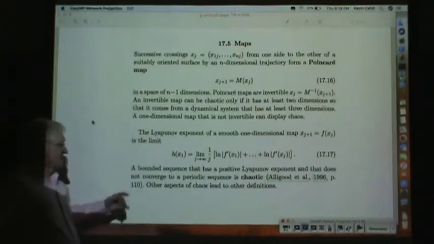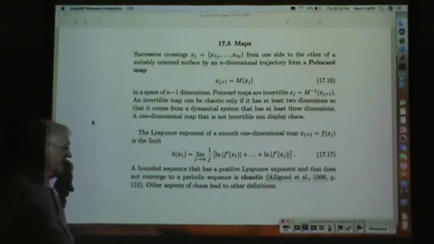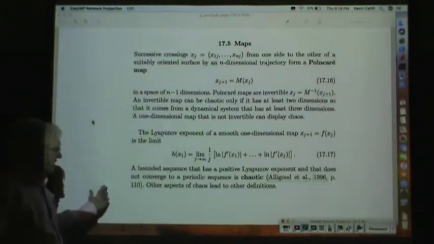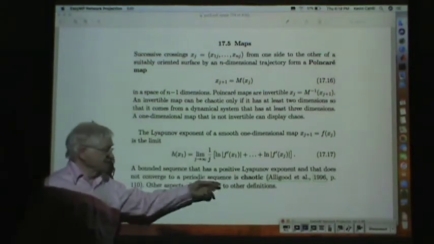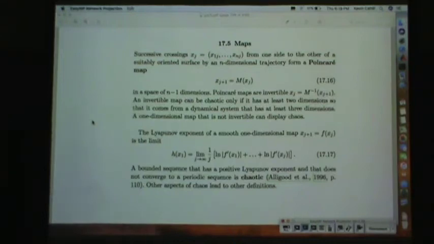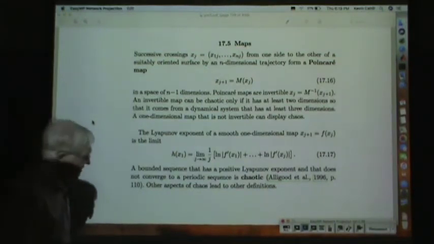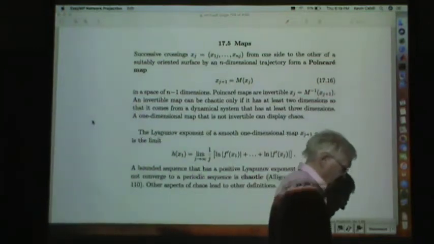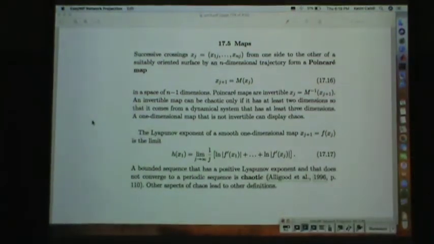If you have a bounded sequence with a positive Lyapunov exponent that doesn't converge to a periodic sequence, then it's chaotic. And that's from a book by Alligood and somebody else, I forget. Other aspects of chaos lead, of course, to other definitions.